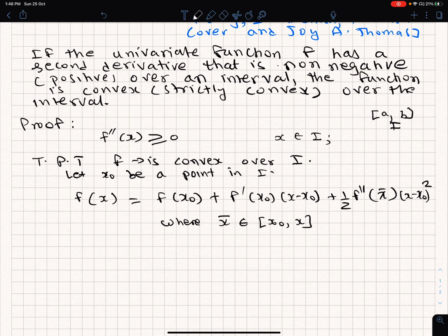This is what the Taylor series function says.